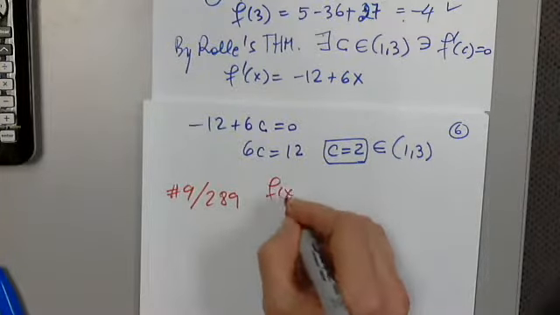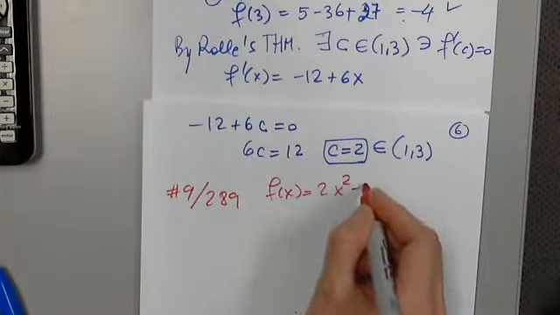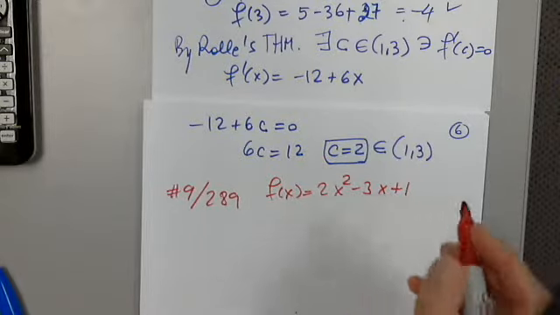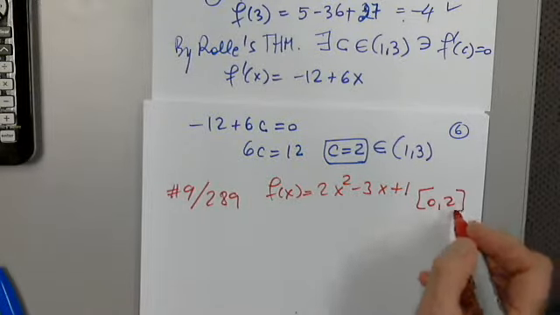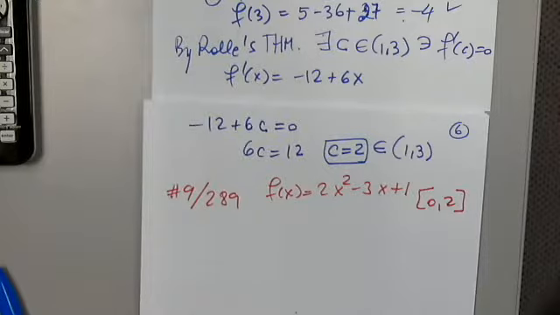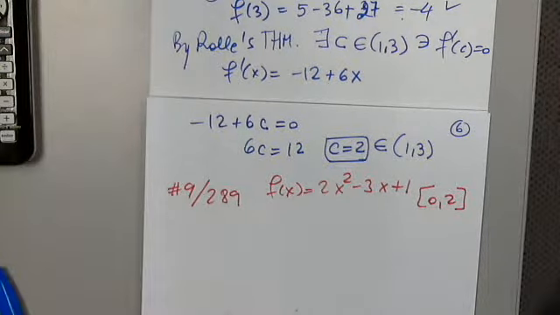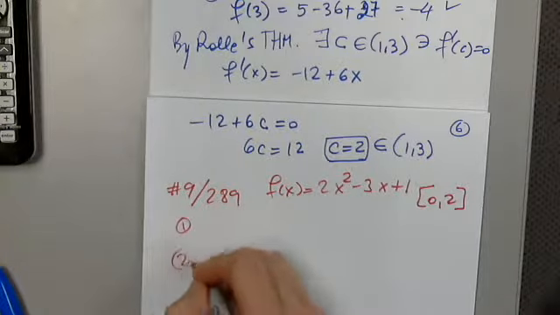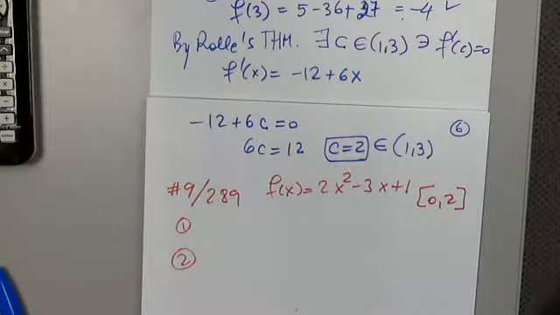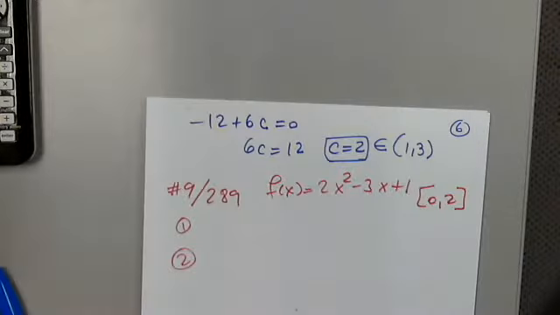We have f of x equals 2x squared minus 3x plus 1 on the interval [0, 2]. This time we only need two conditions. Mean value theorem is more relaxed than Rolle's theorem.